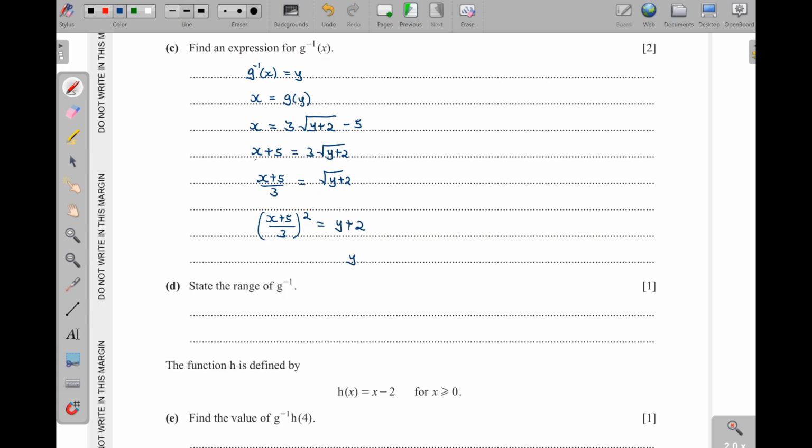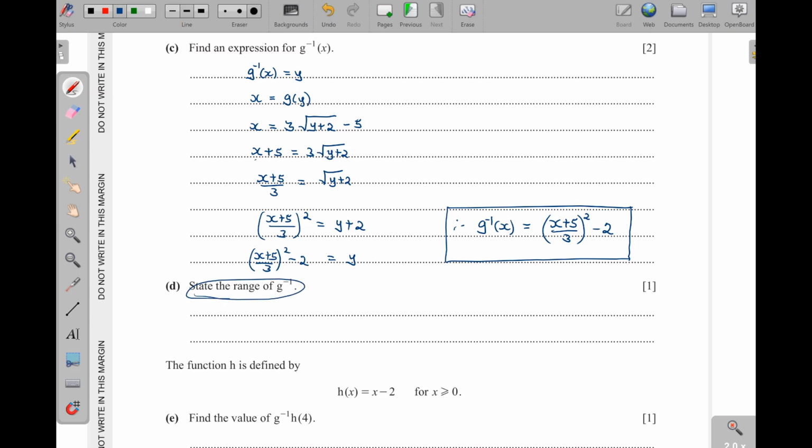And then your y is going to be equal to x plus 5 over 3 squared minus 2. Therefore, the inverse of g is going to be x plus 5 over 3 squared minus 2. If you want, you can simplify that, but they never told us to put it in the simplified form.